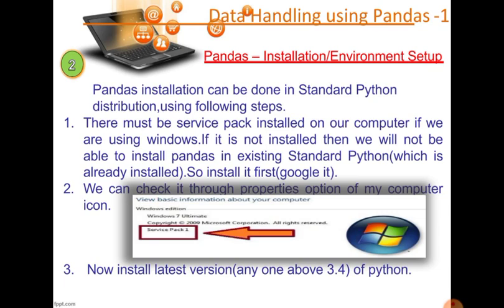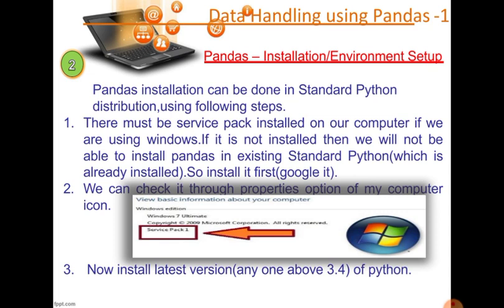Data handling using Pandas. Pandas installation or environment setup. Number 2: Pandas installation can be done in a standard Python distribution using the following steps. There must be a service pack installed on our computer if we are using Windows.